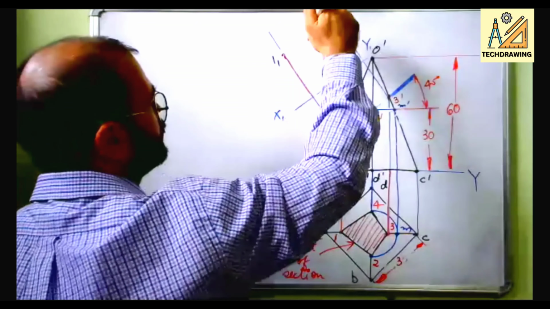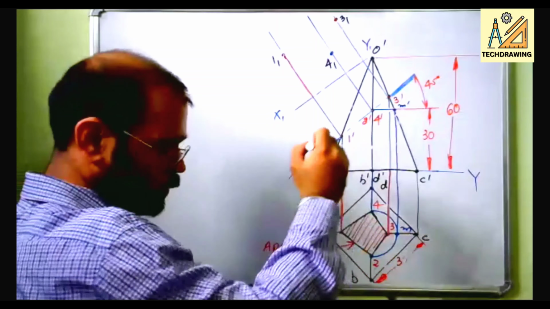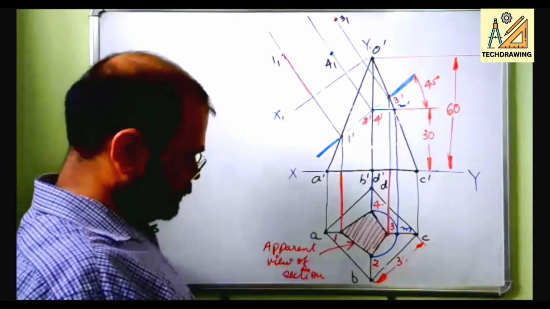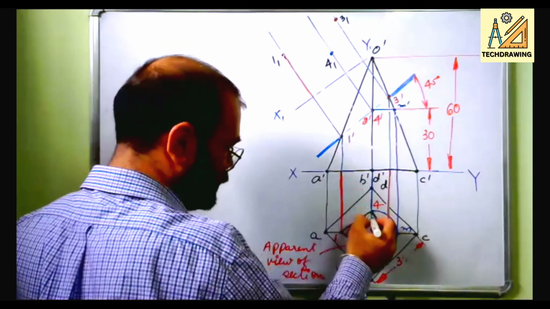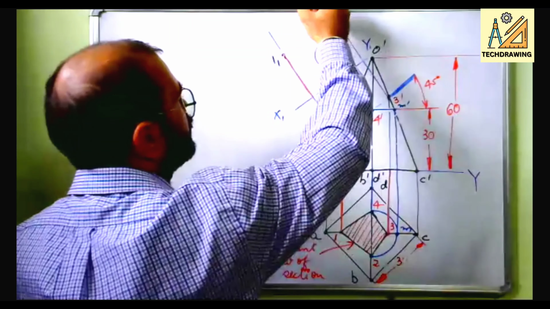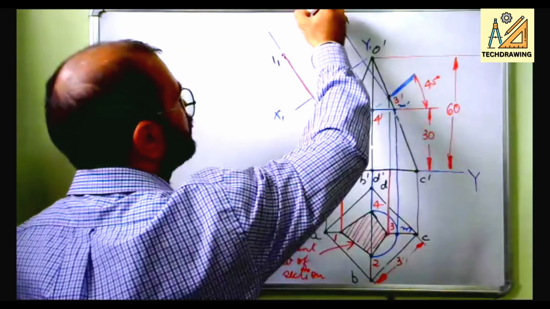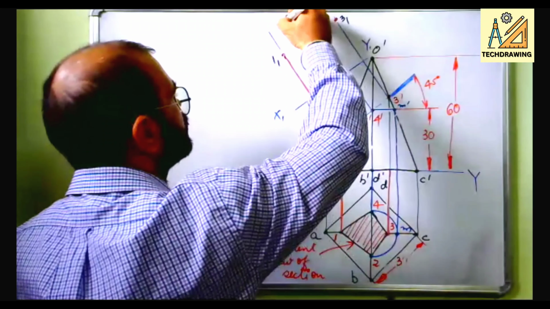We may not get it exactly. Anyways, then the distance from the XY line to 2. Let us draw it in green color. From here, let us extend it like this. Let us say it comes out to be here. So this is 2 1.